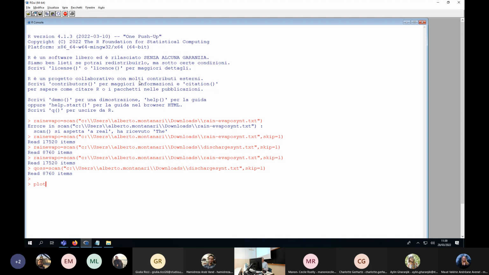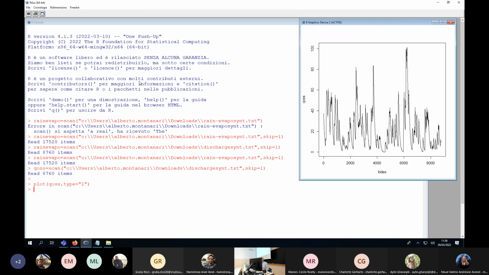Let me just make a check, a plot of the river flow data, plot QOS. This is not in my proposed R script. It's just a check that I make, type equal line. And why am I making this check? Because I want to make sure after I uploaded the data that everything is fine. This looks like river flow data. There are no outliers.